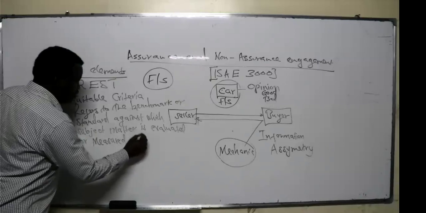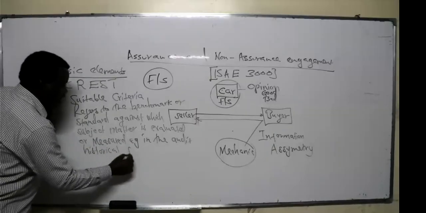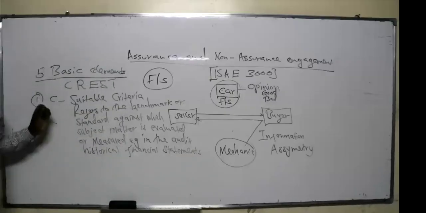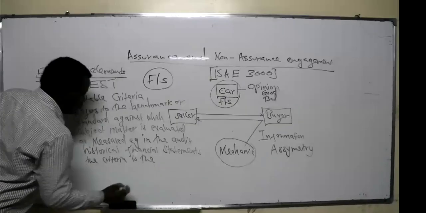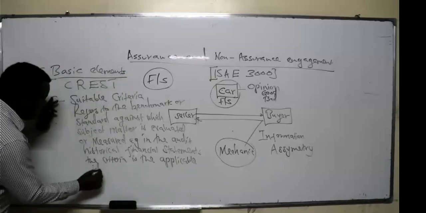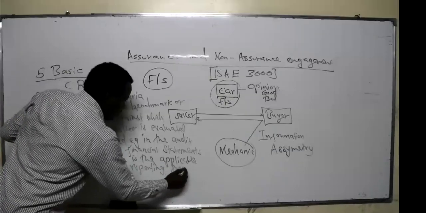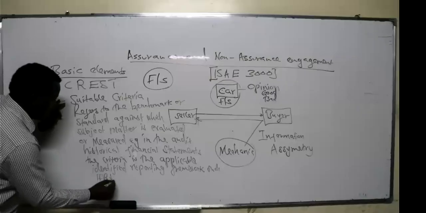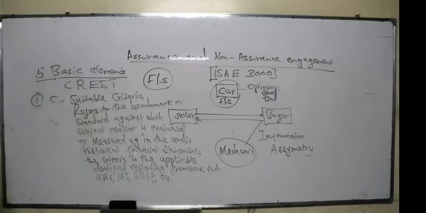For example, in the audit of historical financial statements, the criteria is the applicable, identified reporting framework, such as the IFRS, IAS, the GAAPs, etc. That is what we mean by suitable criteria.